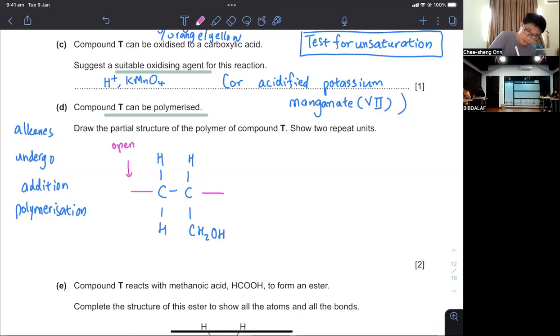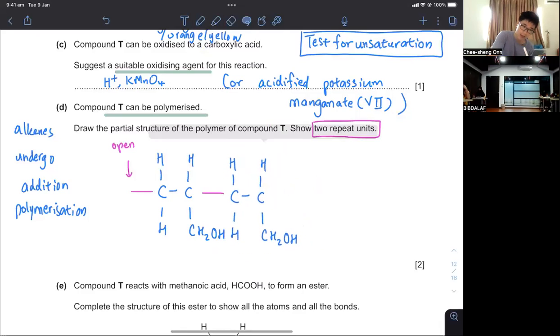The question says 2 repeat units. So what do I do? I just repeat the whole thing again. I work on the screen, so it's easy for me to paste. But can you see that from there to there, that is 1 unit? So by repeating this unit again, I have 2 repeat units.